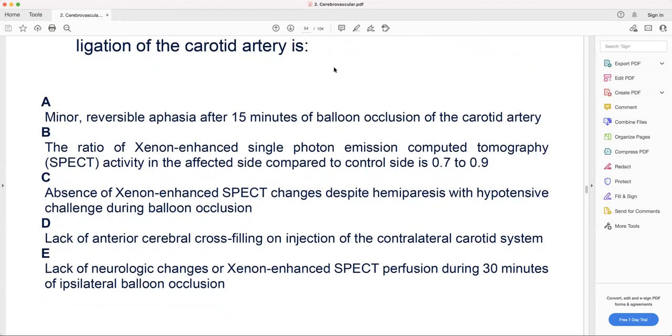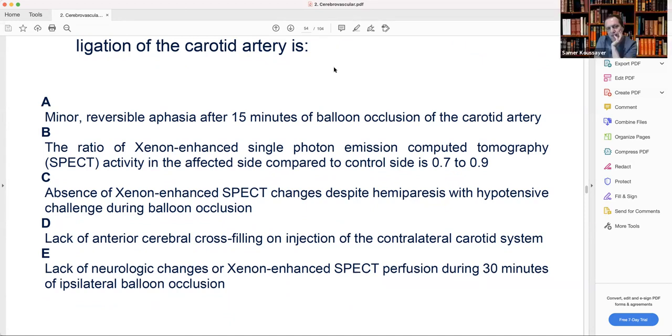D, lack of anterior cerebral cross-filling on injection of the contralateral carotid system artery. Some people do that: while you're occluding one side, they inject contrast in the other side. If you see cross-filling through the contralateral carotid, is this a good or bad sign?